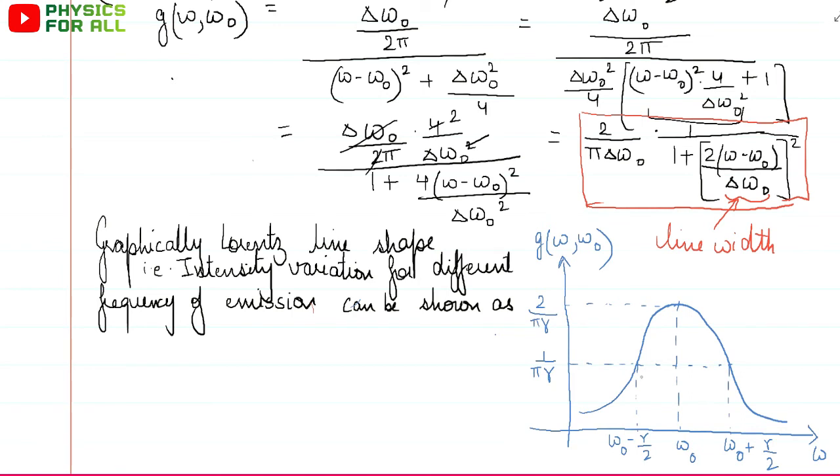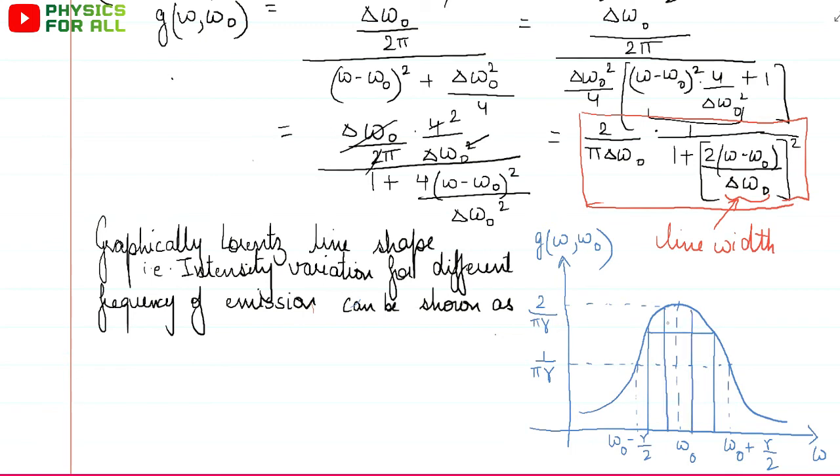Similarly, we can find the frequencies for any intensity. This was half of the maximum intensity, we can find for 1/3, for 3/4 and so on of the maximum intensity. In that way, we would be getting two values of frequencies.